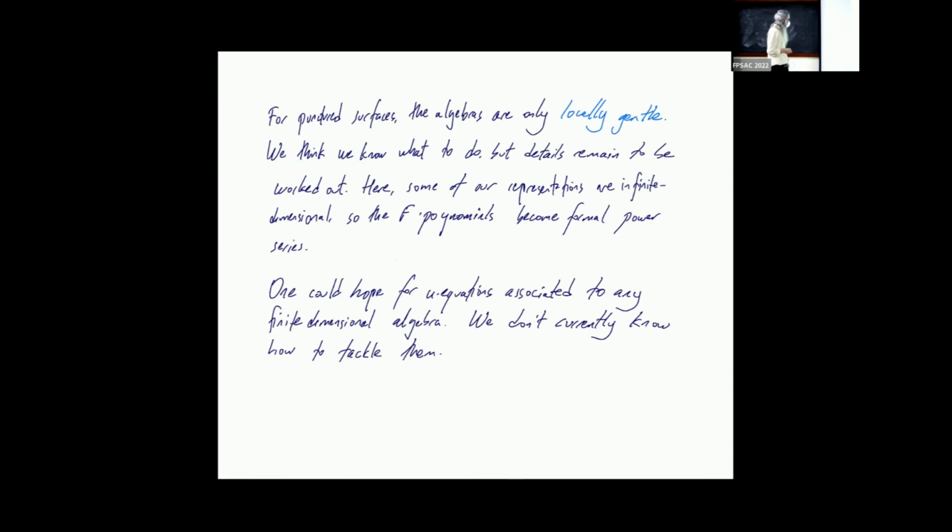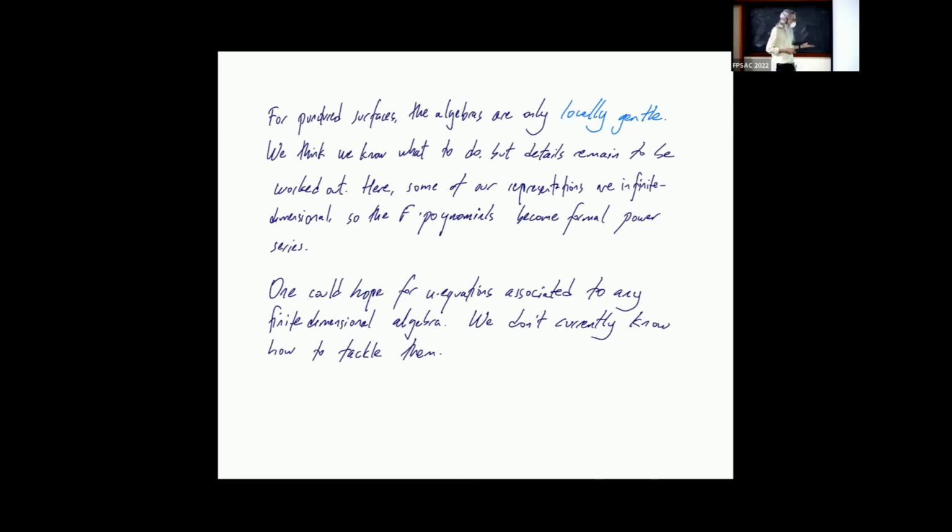There's also something which I'm really interested in, which is U equations associated with any finite dimensional algebra, where we have the same problem as before, that we now have infinitely many indecomposable modules. One could hope for this for algebras that are called wild, which means that understanding those families of indecomposable modules is much harder than it is for gentle algebras, which are so-called tame, and so the families of modules are well understood.